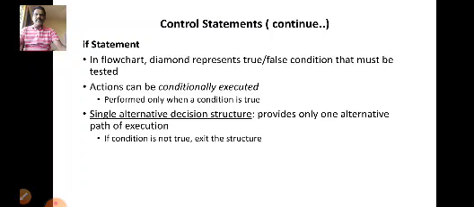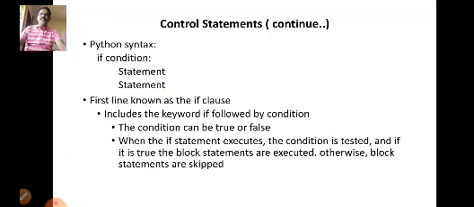An action can be conditionally executed, performed only if the condition is true. A single alternative decision structure provides only one alternative path of execution. If the condition is not true, exit the structure.